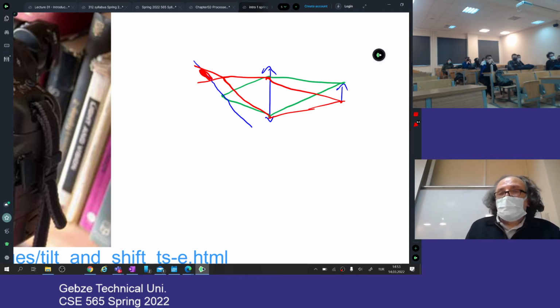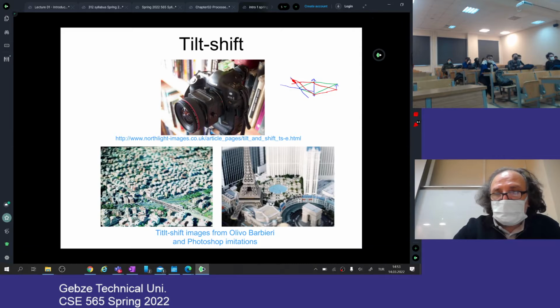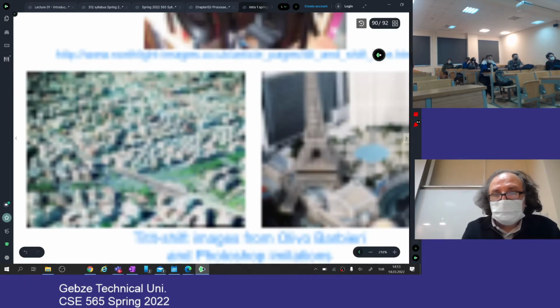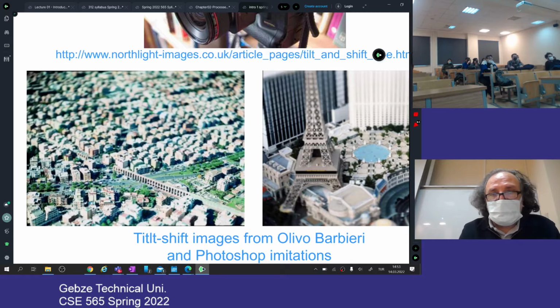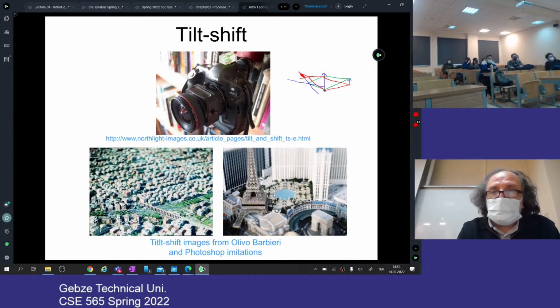Interesting. So I am seeing some part of the object in focus and the other part not in focus. And if I do this in extreme cases like this, I can get images like that. Some parts are very weirdly in focus and the other parts are not in focus. These are called pan and tilt cameras.